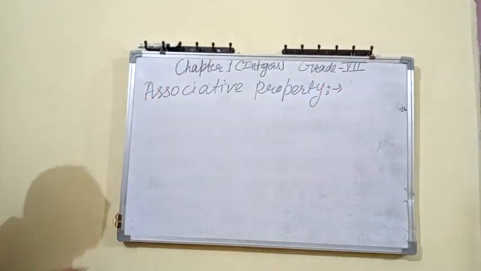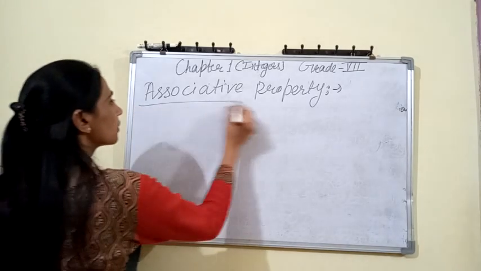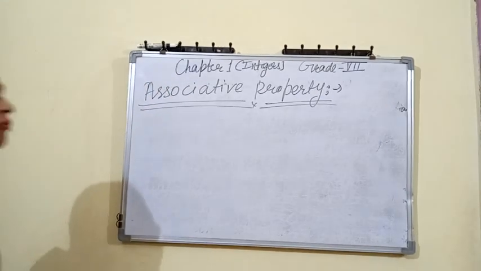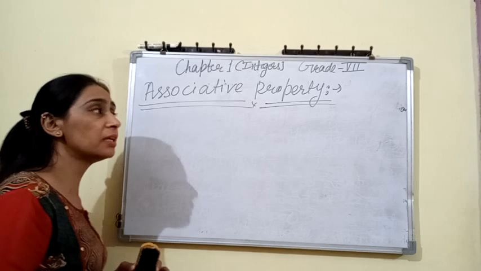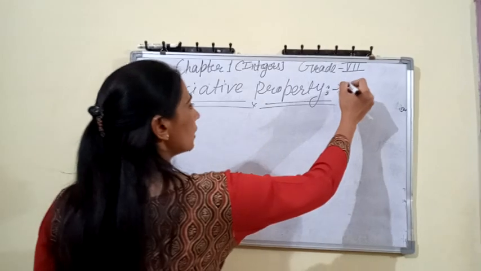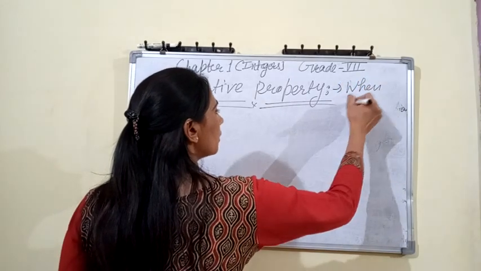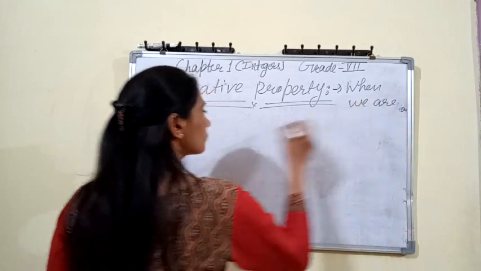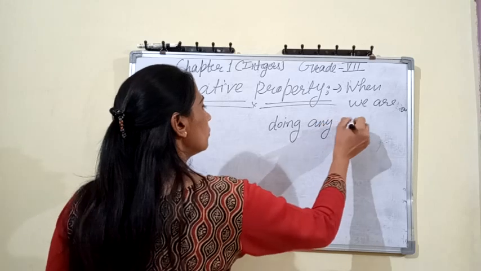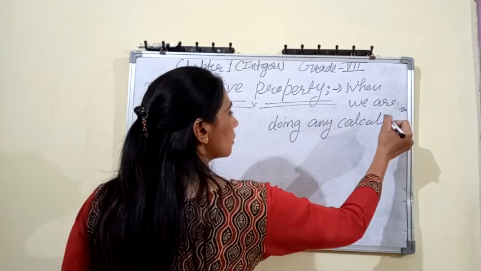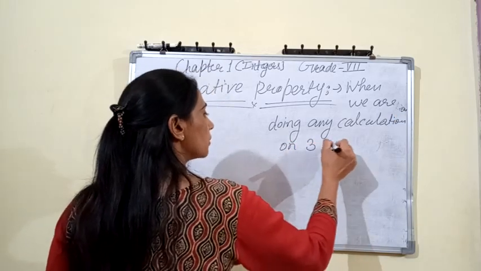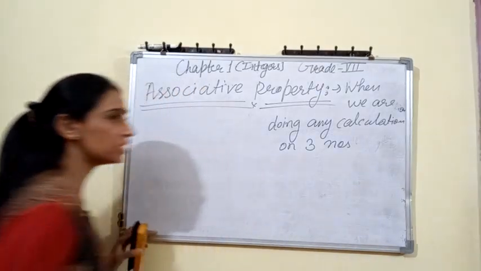What is associative property? We will use associative property when we are doing any calculation on three numbers, or we can say three integers.